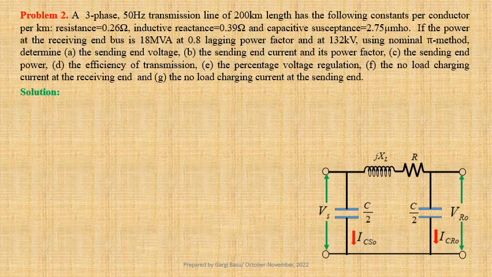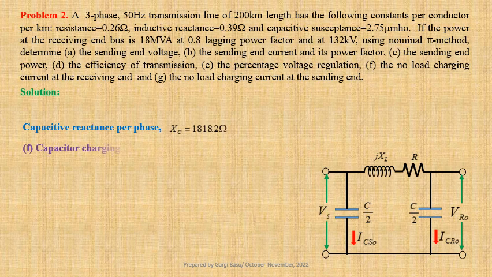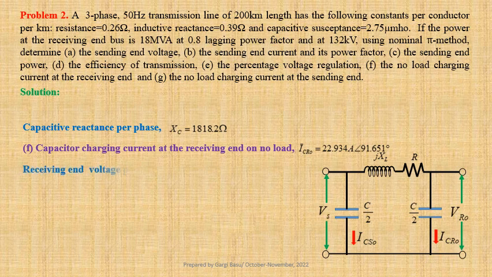We have determined capacitive reactance per phase Xc equals to 1818.2 ohm and capacitor charging current at the receiving end on no load I_CRO equals to 22.934 ampere at an angle 91.651 degree.